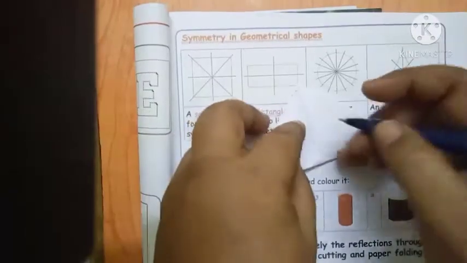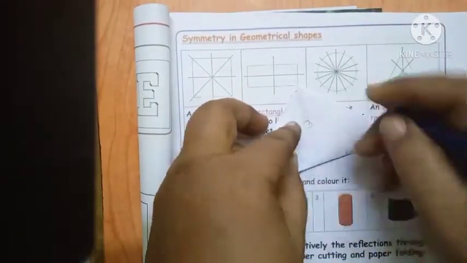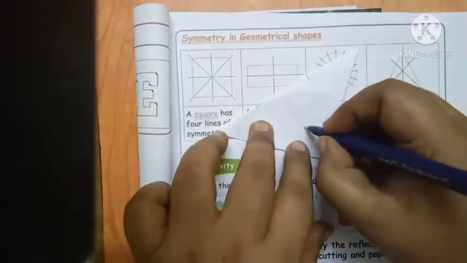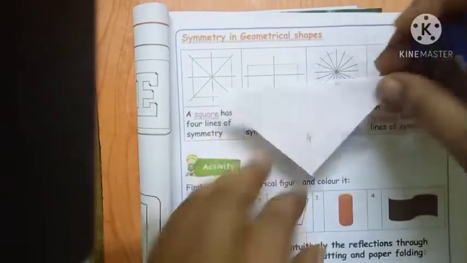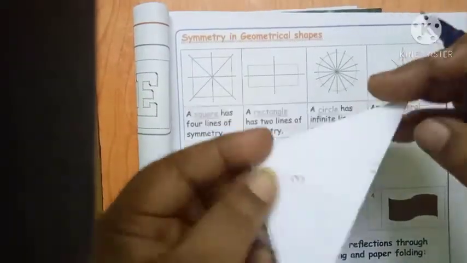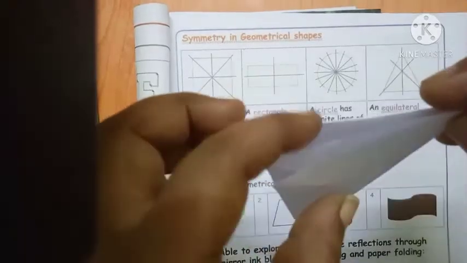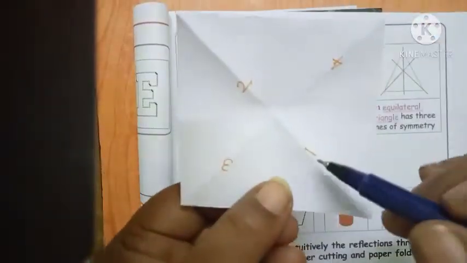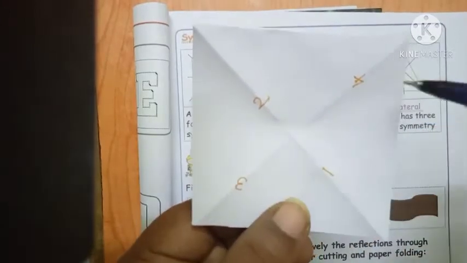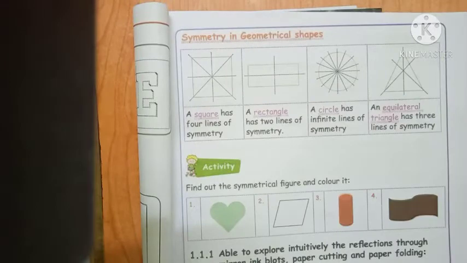This one, then next one. This is 3, this is 4. No change here. So this is your 1, 2, 3, 4. But however you fold it, you get the same opposite shape.